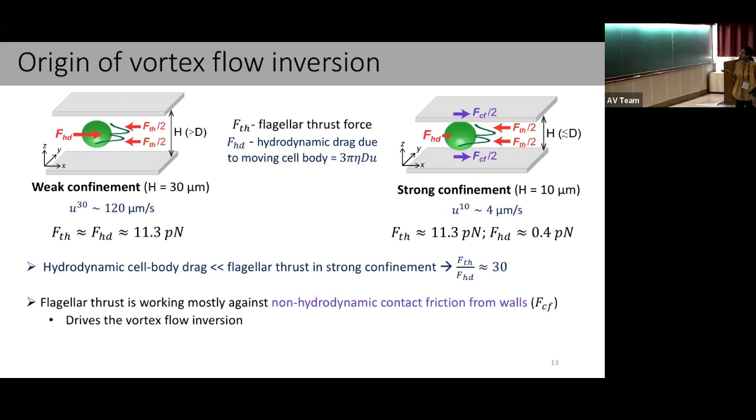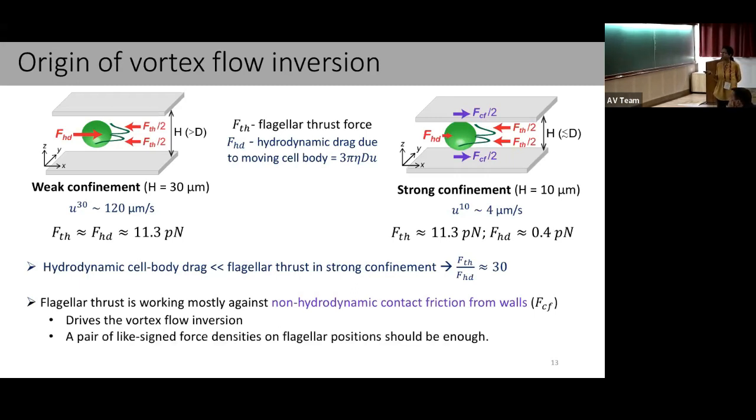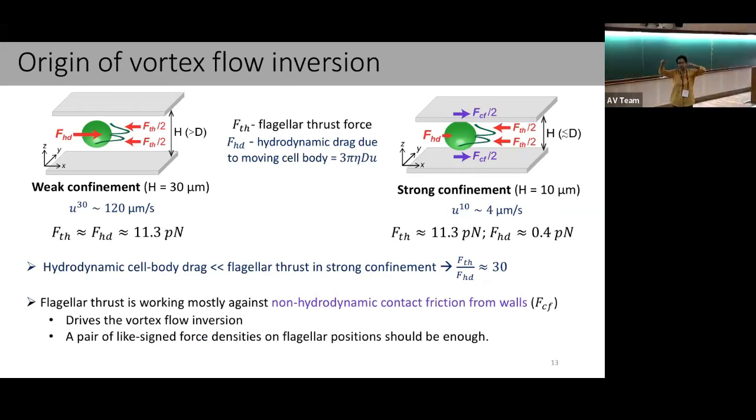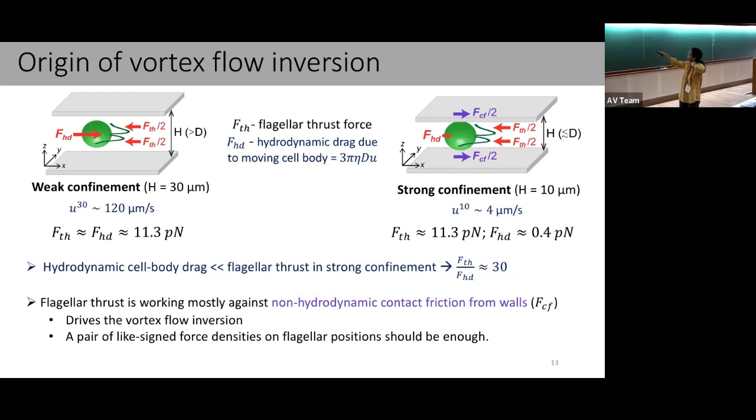It is this change in the nature of force balance that's driving the vortex flow inversion. Because we are only measuring the flow fields, we are not really measuring the contact friction. All I need to do is place confined Stokeslets at the 2 flagellar positions. The hydrodynamic drag is negligible, so I wouldn't worry about it, and that should give me the experimental flow field.